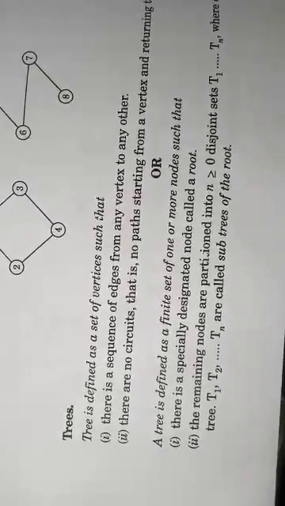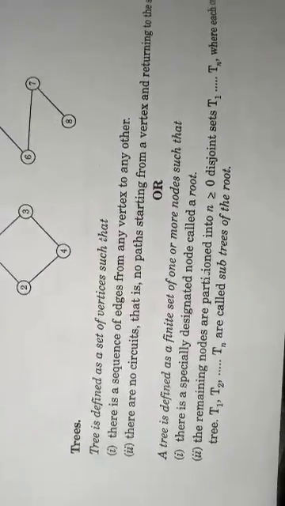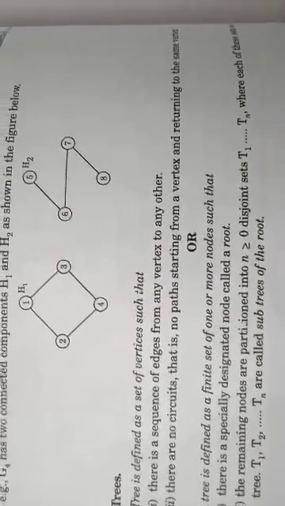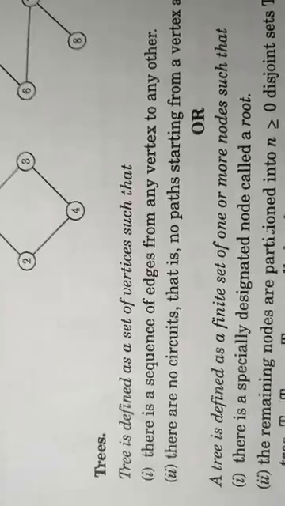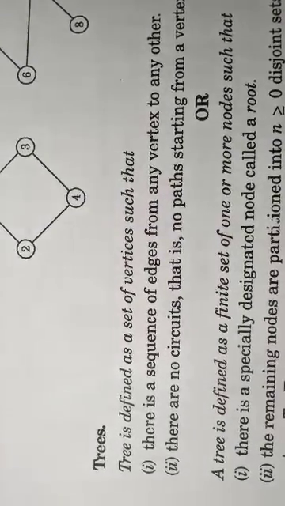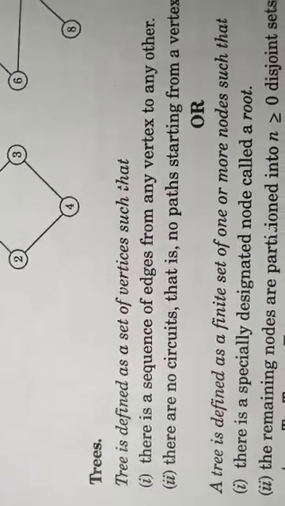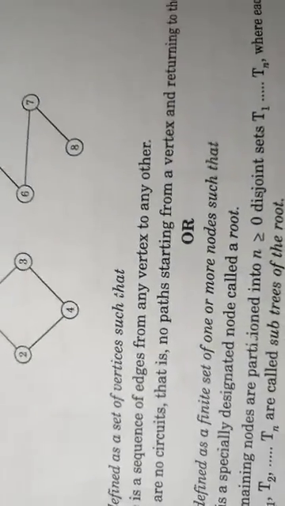There are no circuits, that is, no path starting from a vertex and returning to the same vertex. Okay, this is the difference between trees and graphs. There is a sequence of edges from any vertex to another. There are no circuits.